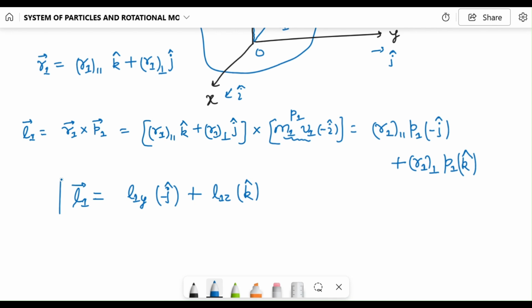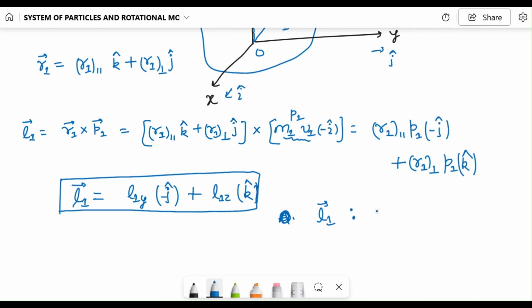So we can see that angular momentum is now not only along the positive z direction, rather it is a sum of two different vectors. So we can say this L1 is not in the same direction as omega.